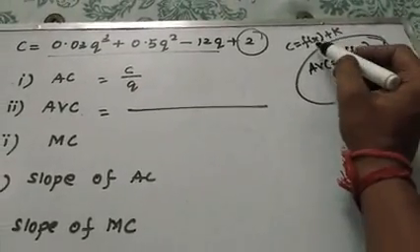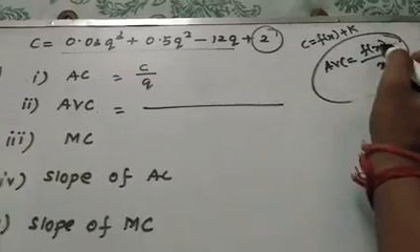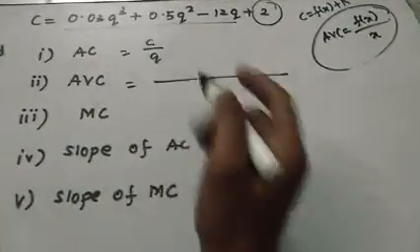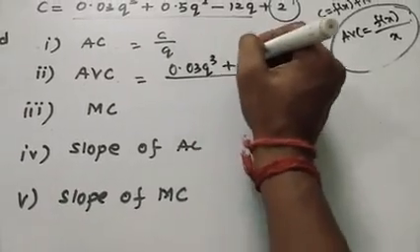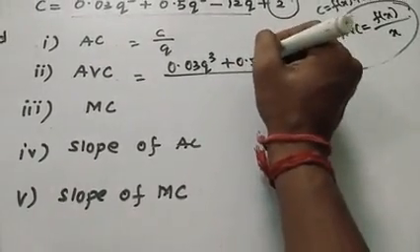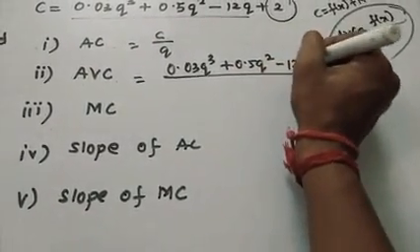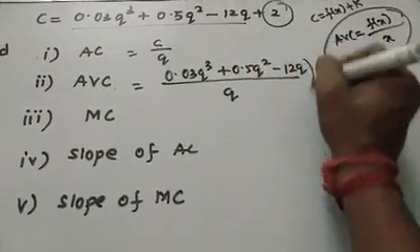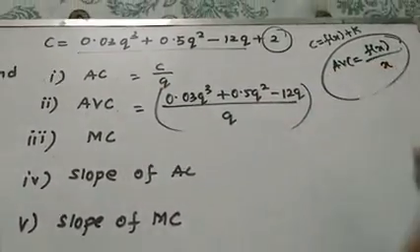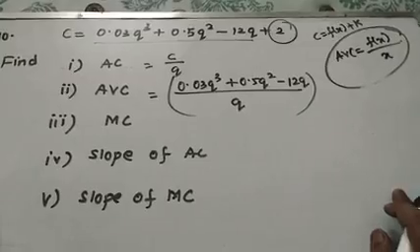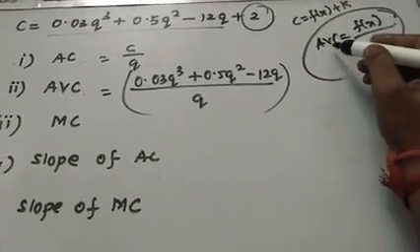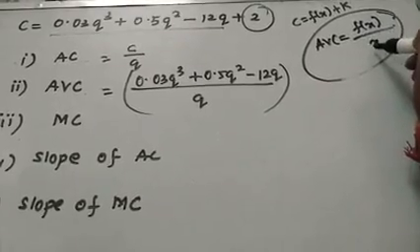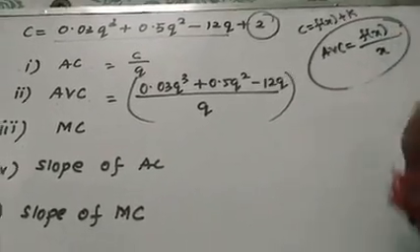Similarly here, instead of x, there is a q. So the average variable cost will be just your function, 0.5 q square minus 12q divided by q, ignoring the constant part. This is your average variable cost. If your cost is f of x plus k, the average variable cost is just the function divided by the output, ignoring the constant part.